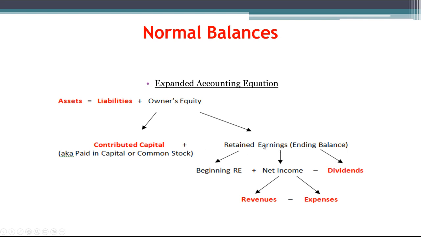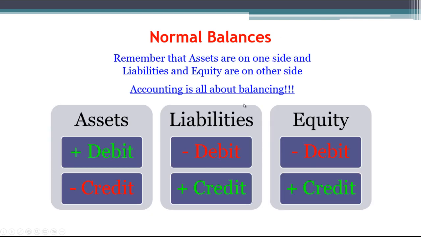Now, retained earnings can further be broken down into the beginning retained earnings balance, but we also have net income, which is further broken down into revenues minus expenses, and then dividends impact retained earnings as well. So the 6 account classifications I've bolded in red are what we really need to know to understand normal balances. These are the 6 account classifications, and we're going to identify what normal balance they have.